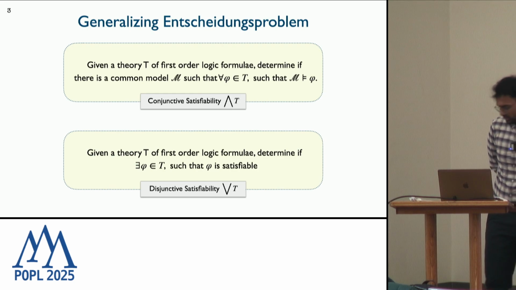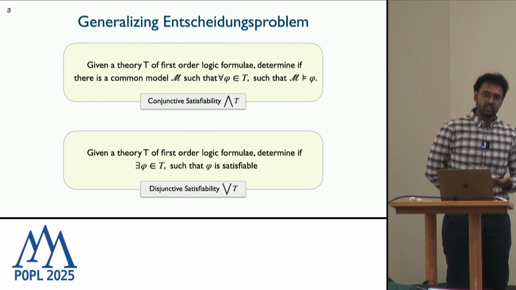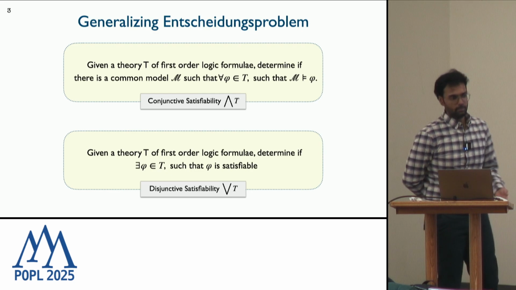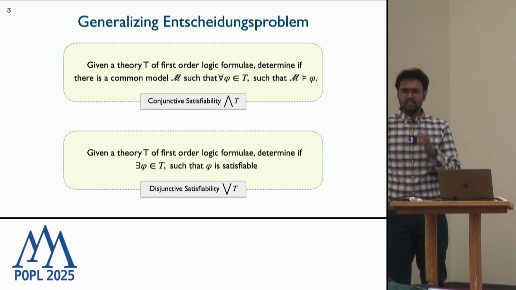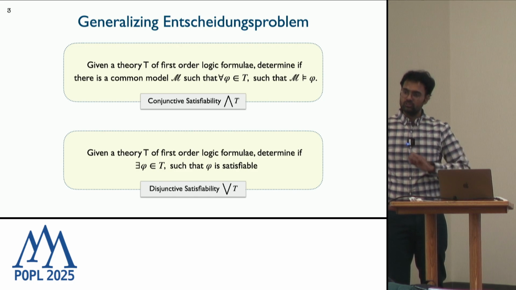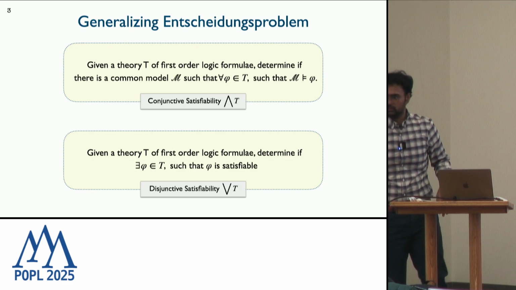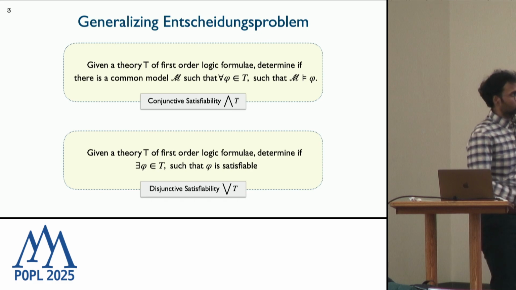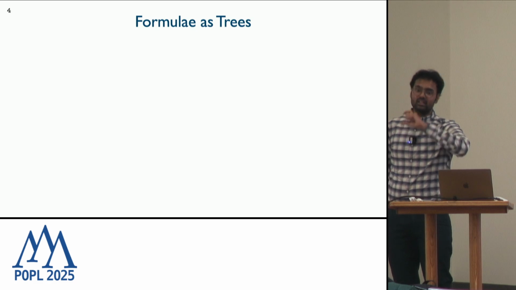The other variant is the following: is there a formula that is satisfiable in this theory? If T was a singleton, meaning a single formula, the 2 questions are duals of each other, but not here. An algorithm for the first question doesn't give you an algorithm for the second one. That's why there are 2 different variants. Okay, so that was the first part, the decision problem.